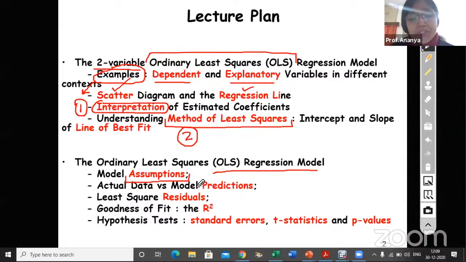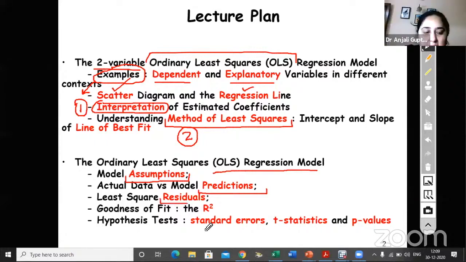So we'll then understand those results further in terms of what are the predictions, what are the residuals, what it means to talk about the R squared, and of course hypothesis tests.